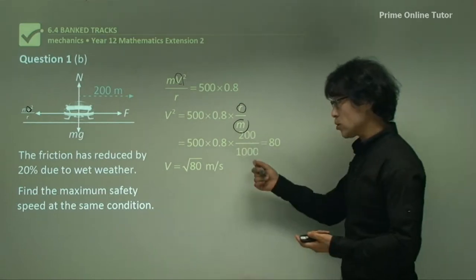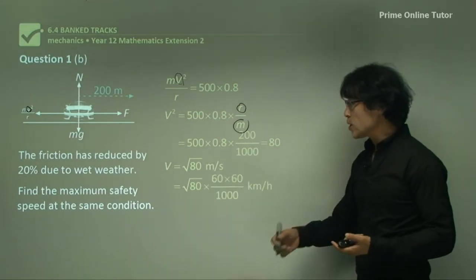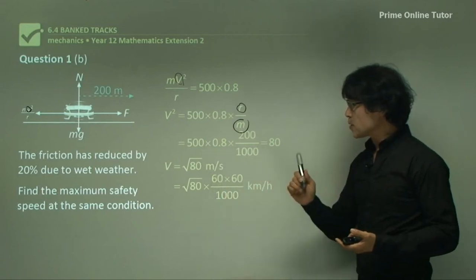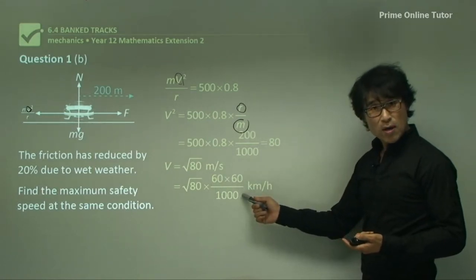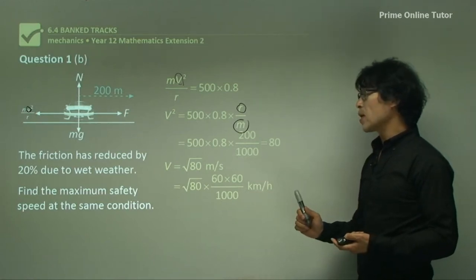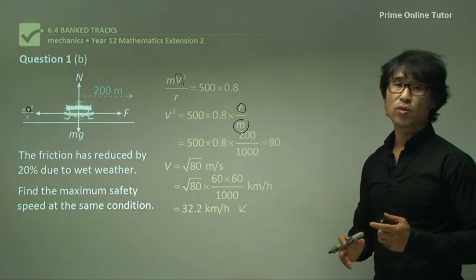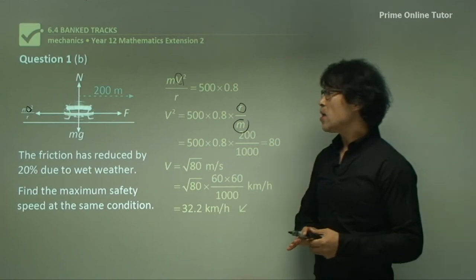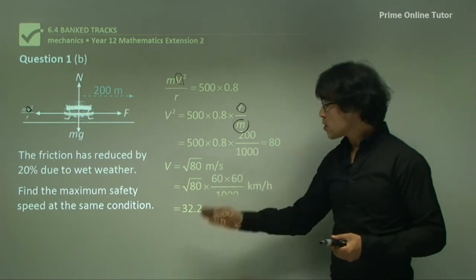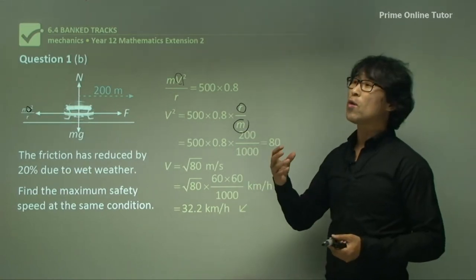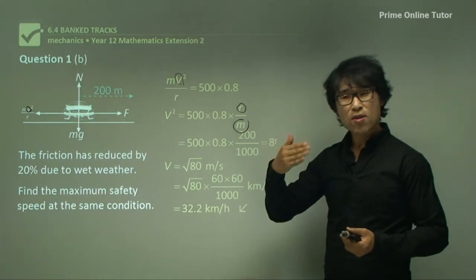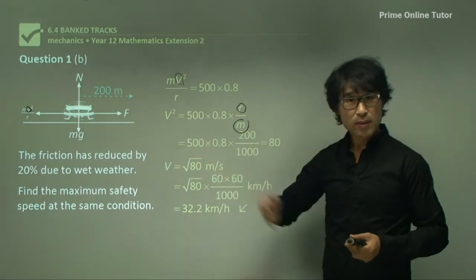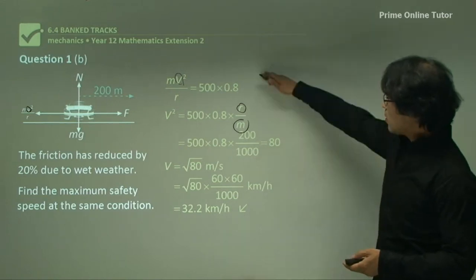So we change it to the realistic number, which is multiplying by 60 times 60 seconds and dividing by 1,000 meters. Then you will get approximately 32.2 kilometers an hour. So if it's a wet day, 32 kilometers an hour will be the optimum speed, at which no sideways thrust is happening. You understand that?